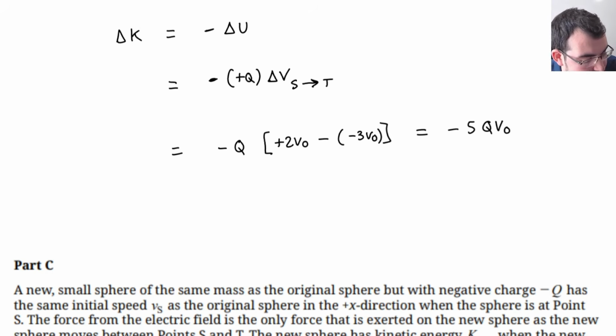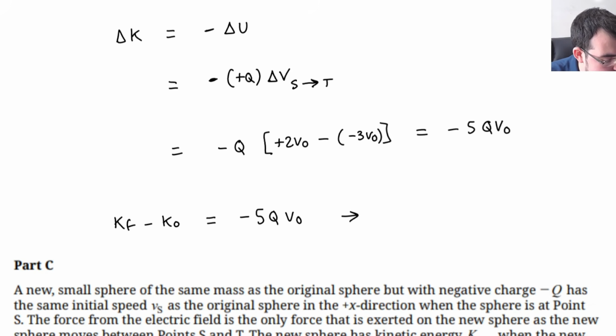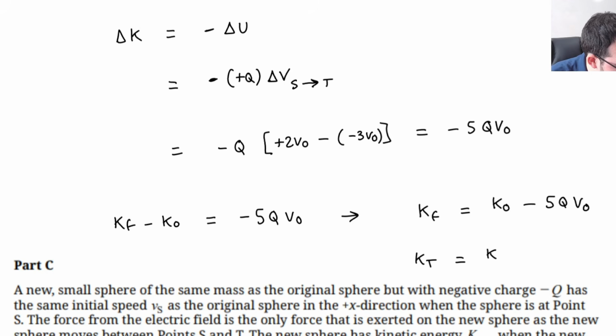And what is delta? Well, delta is just final minus initial. So final kinetic minus starting kinetic is equal to negative 5QV0. So this means my kinetic energy at the end is equal to my kinetic energy at the start minus 5QV0. Or using their variables, the kinetic at T is the kinetic at S minus 5QV0.